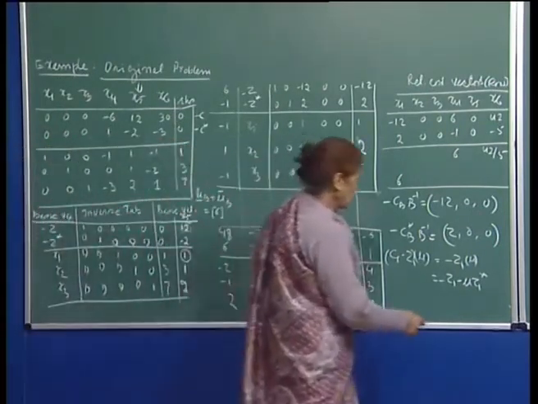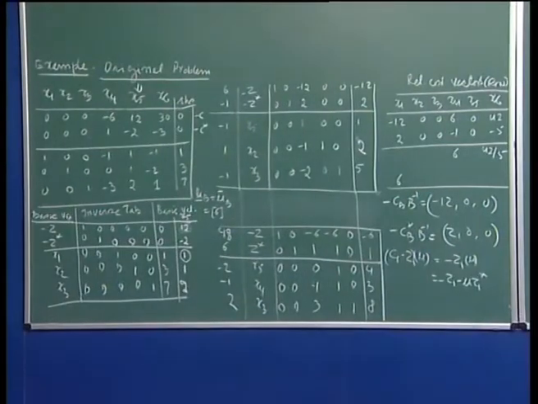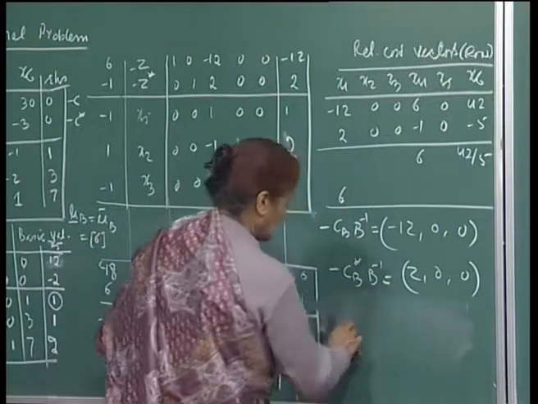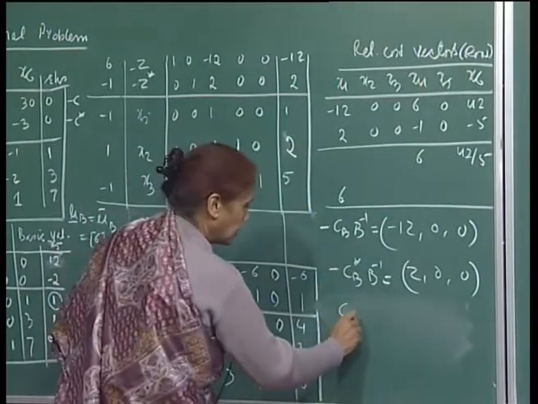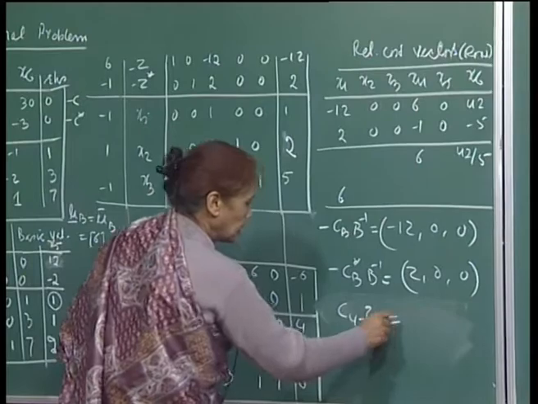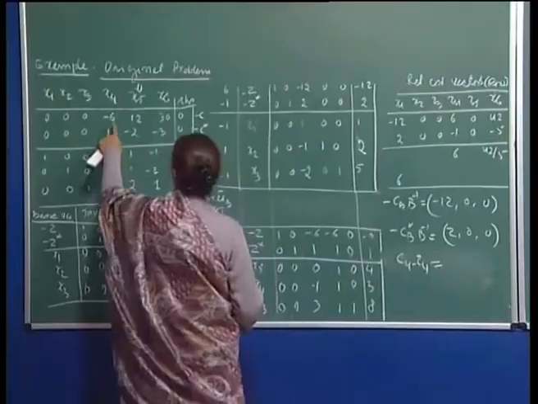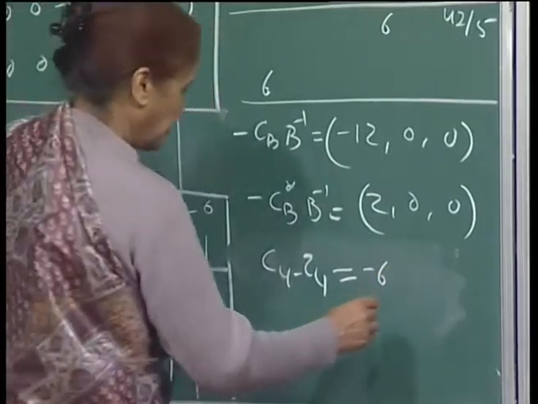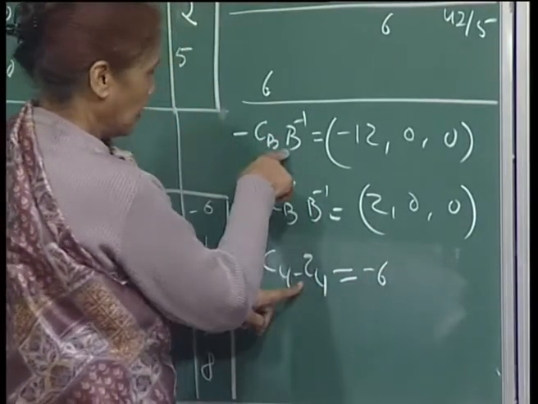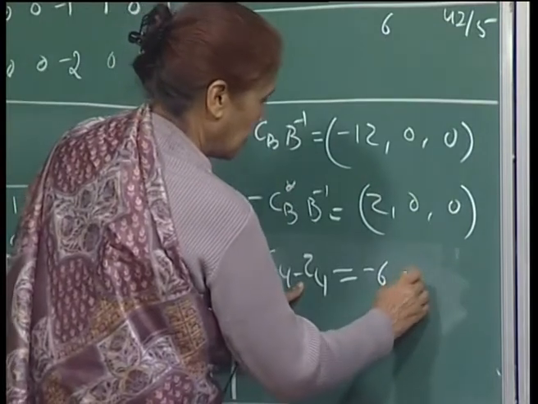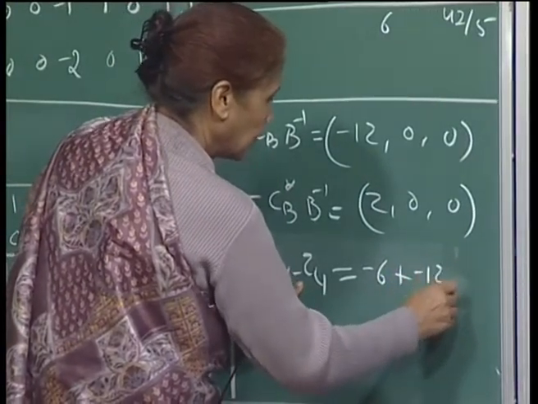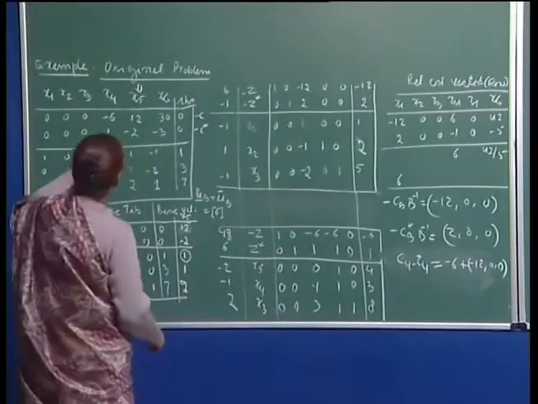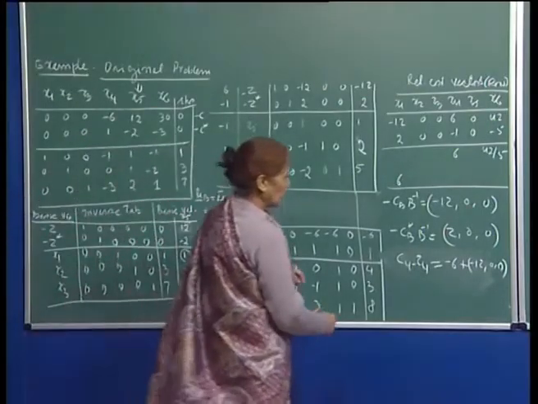Let me just again show you the calculation. If you want to compute C4 minus Z4, C4 is minus 6. So, this is minus 6, and then minus, so this becomes minus 12, 0, 0 times the column which is minus 1, 0, minus 3.